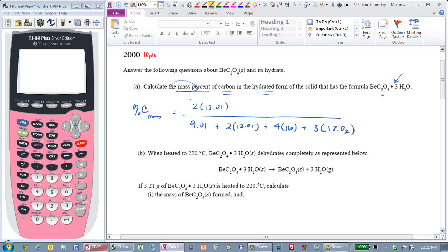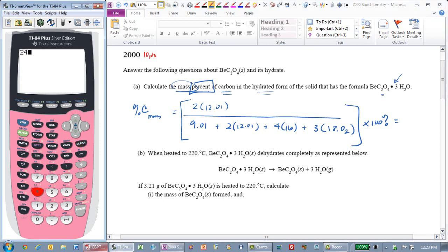And then this whole mess is not the answer. If they ask you for a percent, they really want a percent, so you've got to multiply by 100%. So, shall we? I can do 2 times 12.01 in my head.